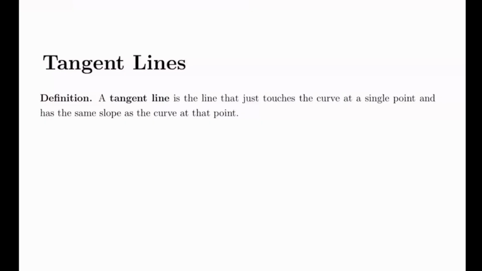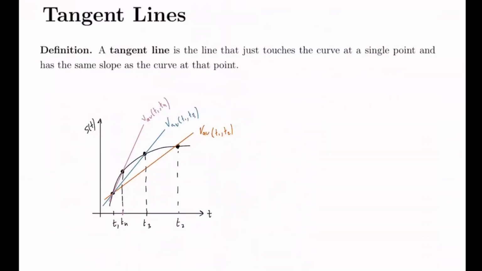As we saw before, our secant line moves closer and closer. So eventually we will have just this tangent line, right? That is just touching my graph at this point T1.